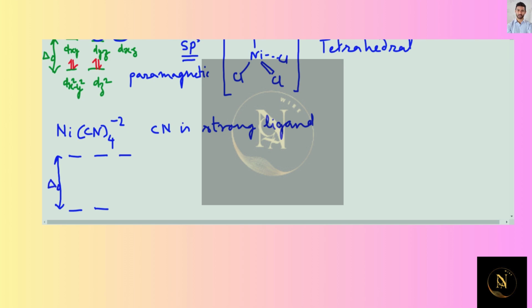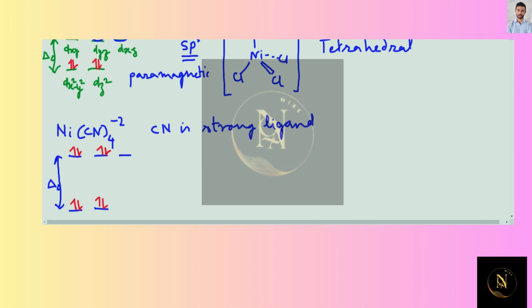And when it is a question of 8 electrons we have to arrange here, first the lower energy levels are filled, then pairing takes place, and after that 1, 2, 3, 4 and 4, 8 electrons are arranged here like this.